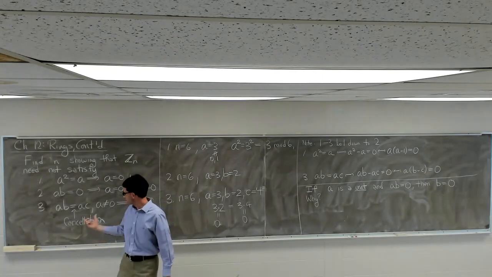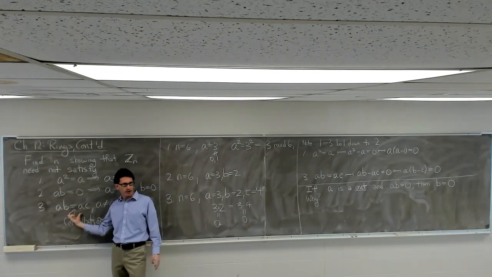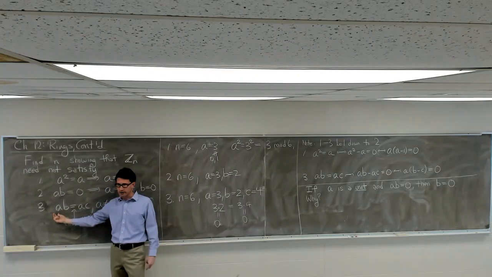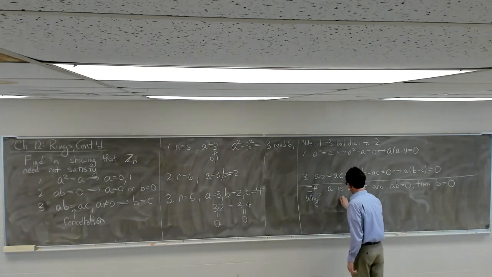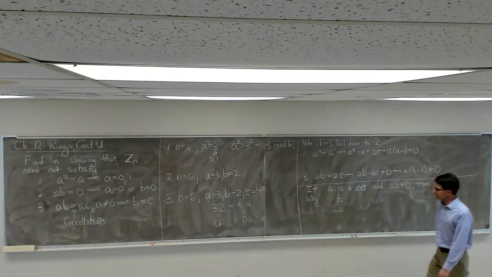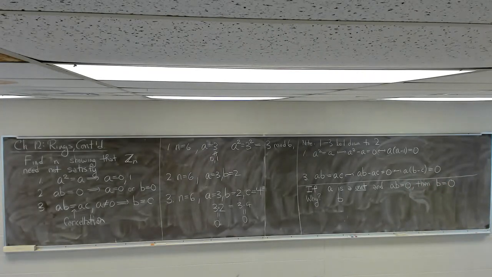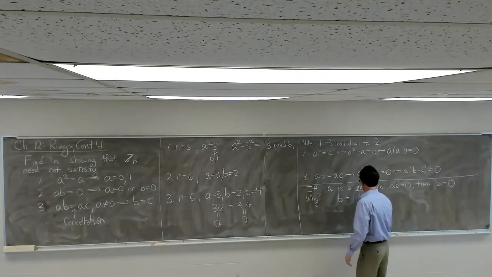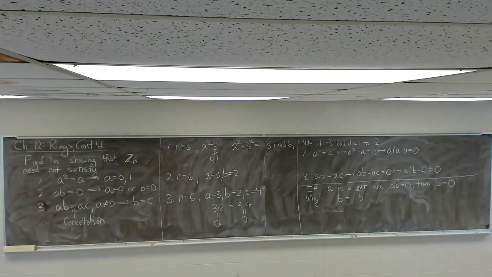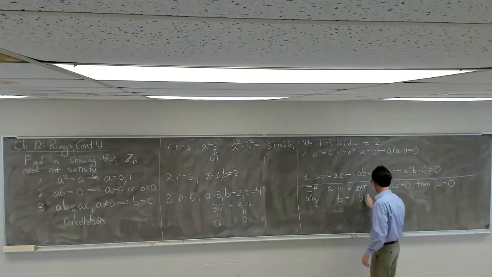In general, if I wanted to cancel here, if I'm supposing that A is a unit, then I can multiply both sides by A inverse, right? And I can cancel it. So here, just to write it all in one line, B is equal to 1 times B, right? I'm using the unity here, the multiplicative identity.